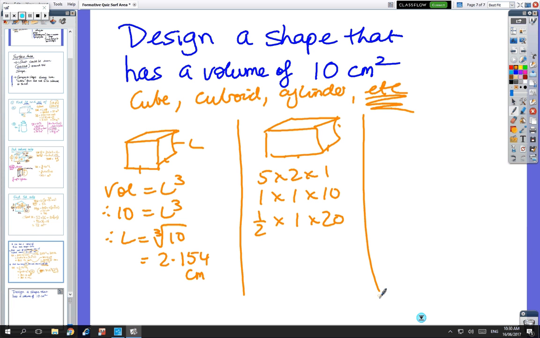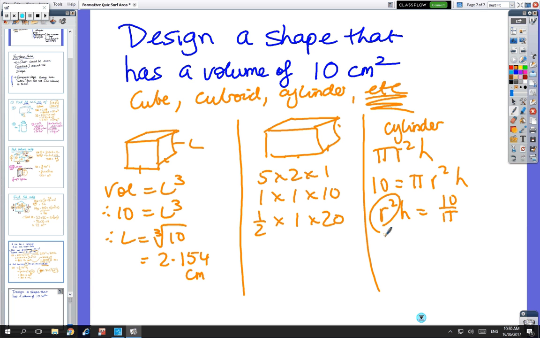If you were going to get complicated and have a cylinder, you've got pi r squared h. So 10 equals pi r squared h. So r squared h is 10 over pi. So you just have to play with the numbers. Let's go back a step. If the radius was 1, you've got 10 equals pi times 1 squared times height.